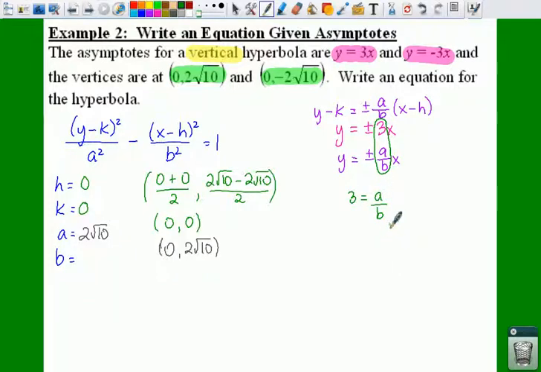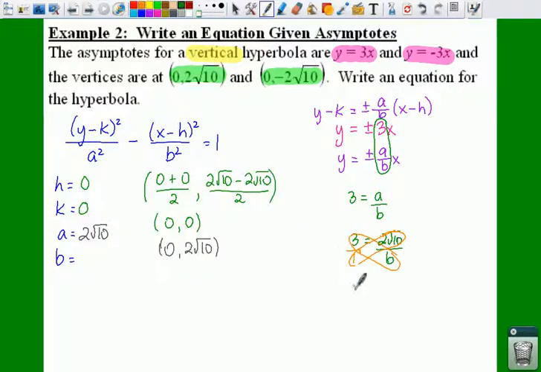And how does that help us? Well, we know that our a is 2 radical 10. So we can say 3 is equal to 2 radical 10 all over b. We solve this for b by cross multiplying, since 3 is really 3 over 1, so this is a proportion.